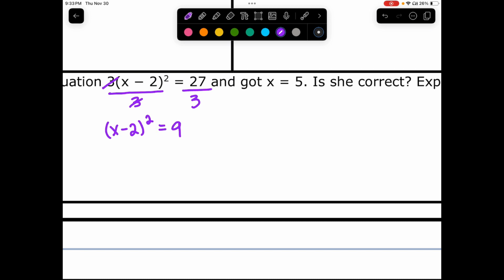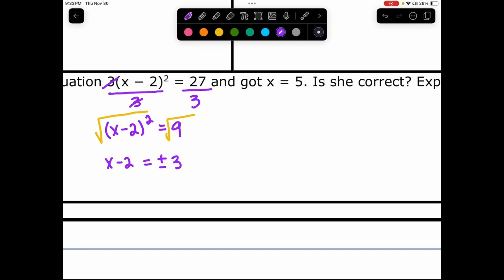And then we end up with 9. Ooh, and that's beautiful, because if I take the square root of this, I get x minus 2. If I take the square root of this, I get 3. Positive or negative 3, right?